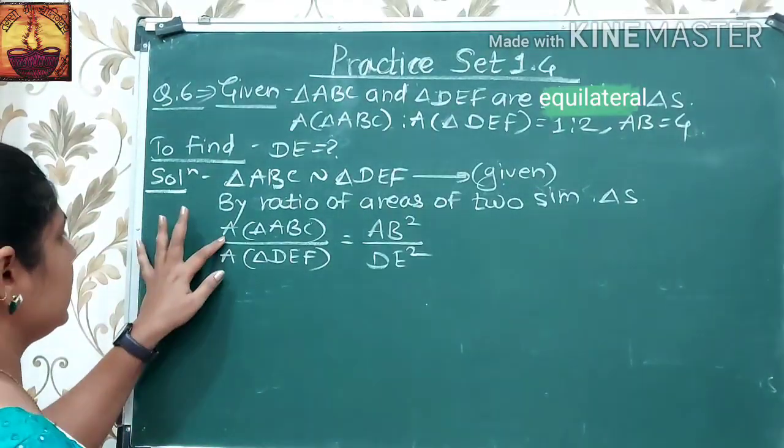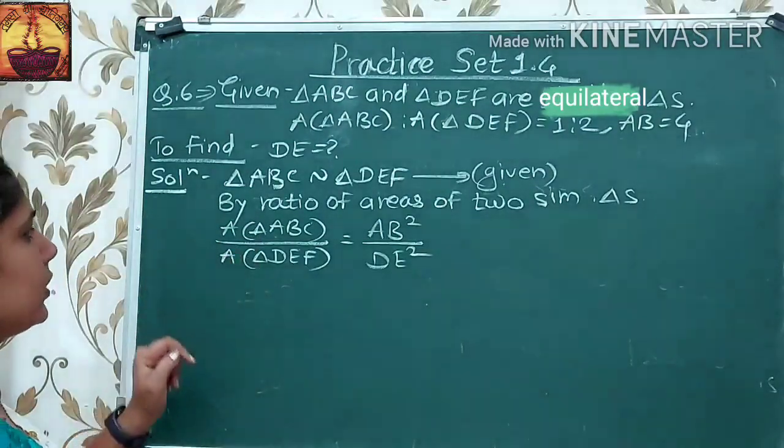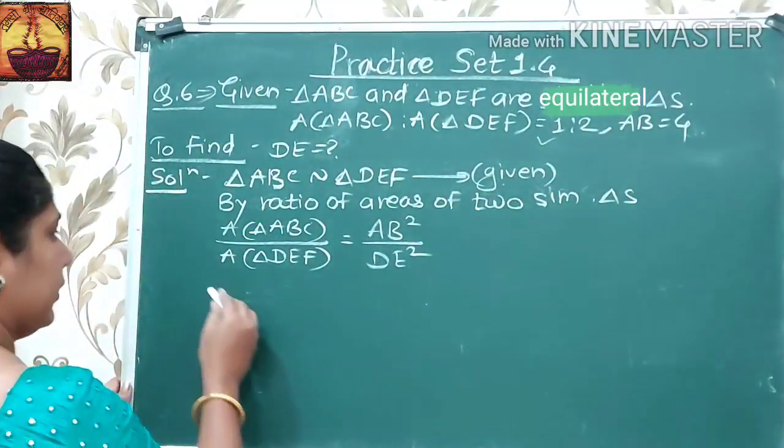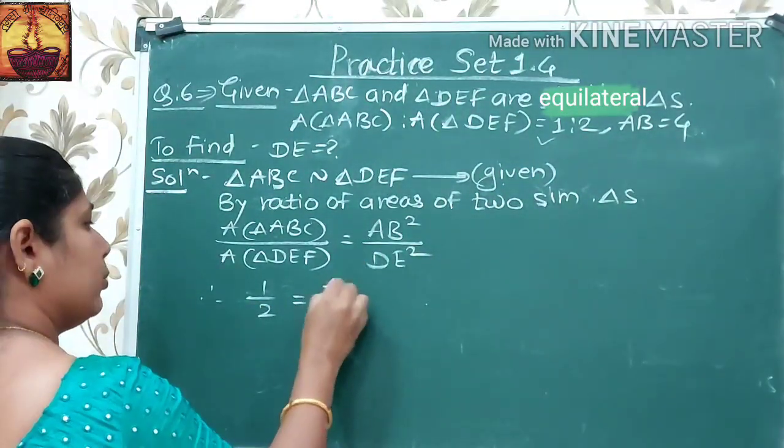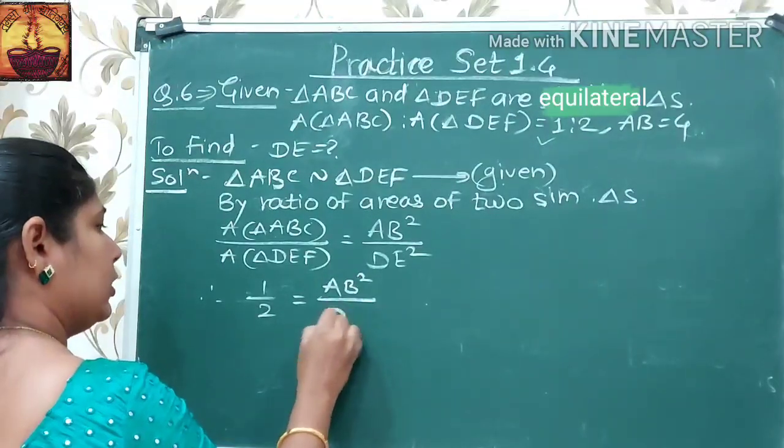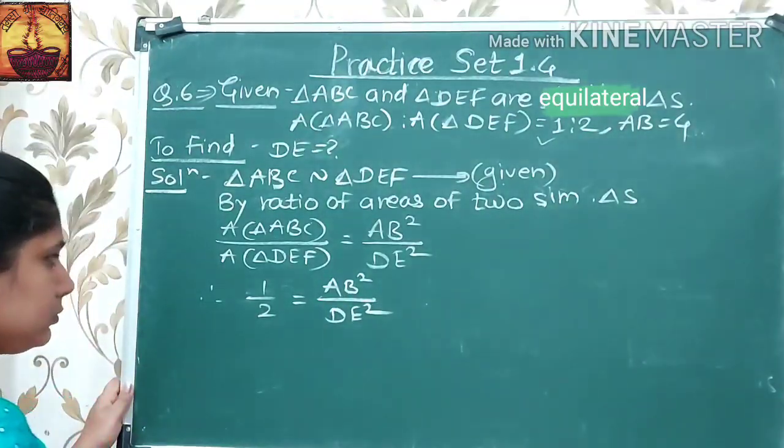But we have here area of triangle ABC upon area of triangle DEF is equal to 1 upon 2. Therefore 1 upon 2 is equal to AB square upon DE square.